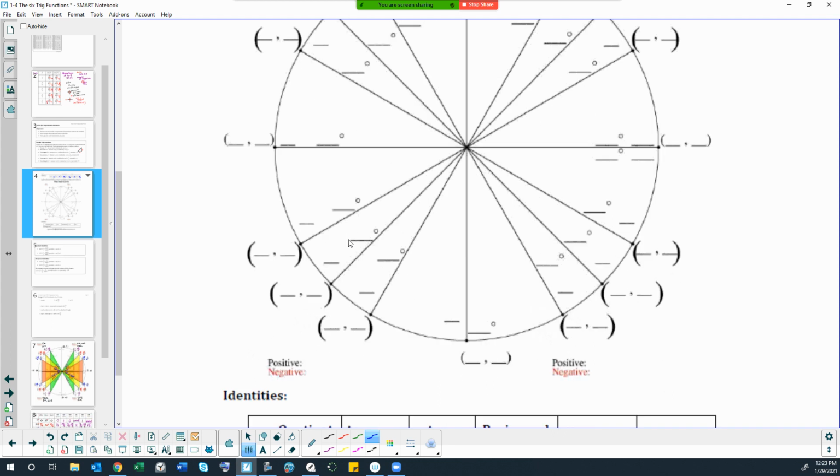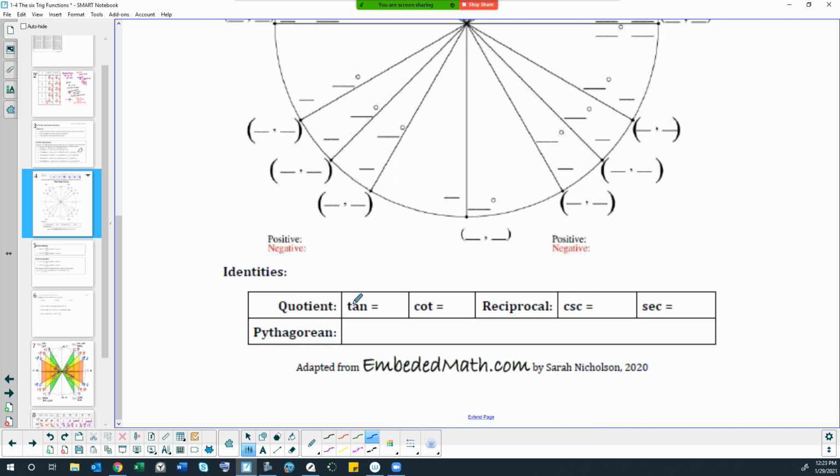Okay. We're going to be learning these other identities. You can put them down here on this paper if you want to. So last time we learned the Pythagorean identity, so that was that sine squared theta plus cosine squared theta equals 1.